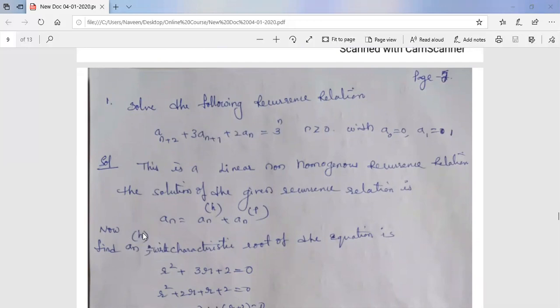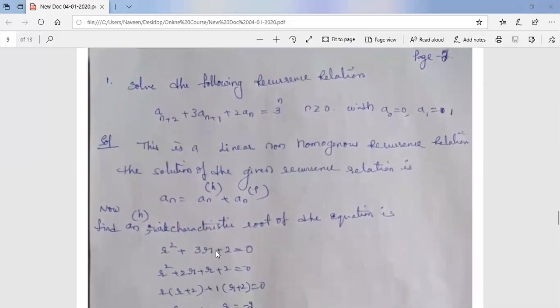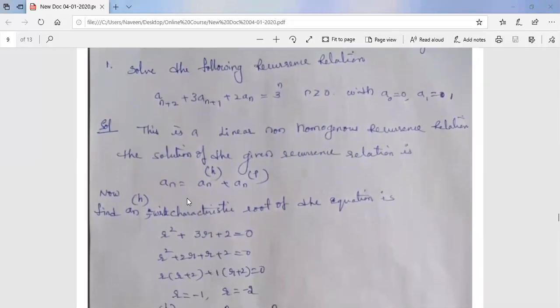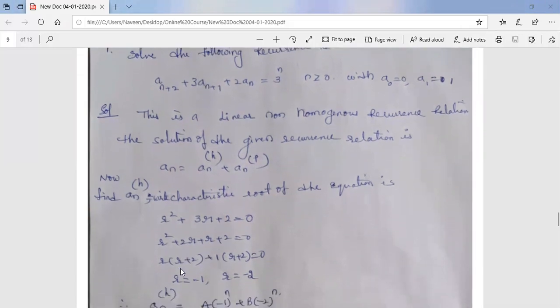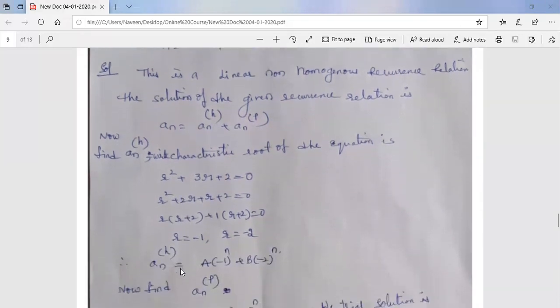To get this, first write down the characteristic equation of the given relation, that is r^2 plus 3r plus 2 is equal to 0. On simplifying this, we got two values for r: -1 and -2. We got two different roots, therefore the homogeneous solution will be equal to a·(-1)^n plus b·(-2)^n.